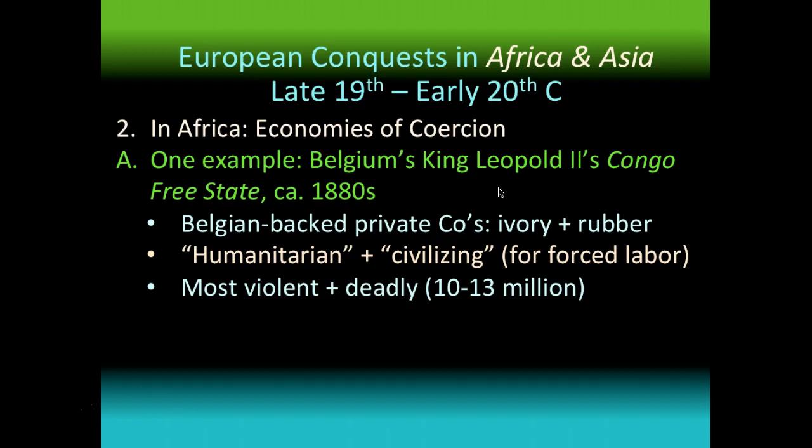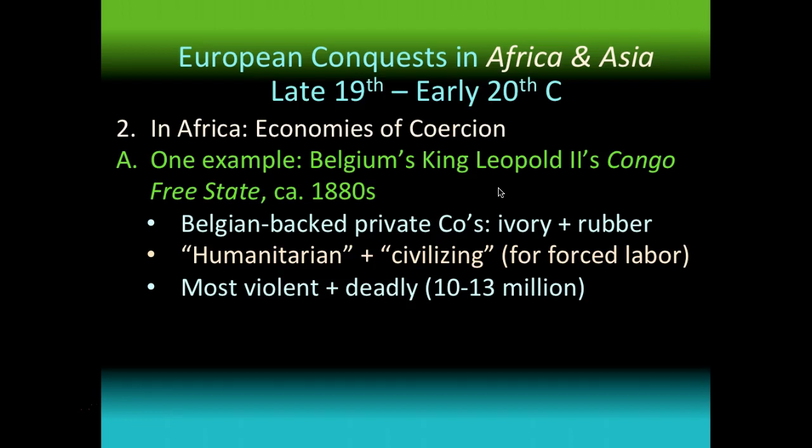To give one case study of an economy of coercion, of an empire that coerced its way in, is King Leopold II of Belgium. His state, the Congo Free State, which started around the 1880s. This was probably the worst case of forced labor in Africa, and it cost millions of African lives.